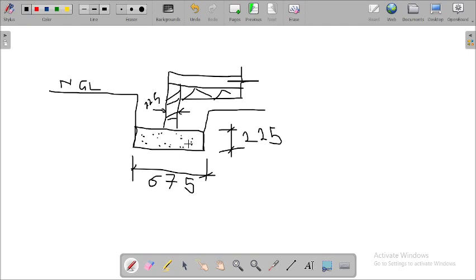Therefore the width of the concrete is the width of the excavation, so our width of excavation will be equal to 675 mm.